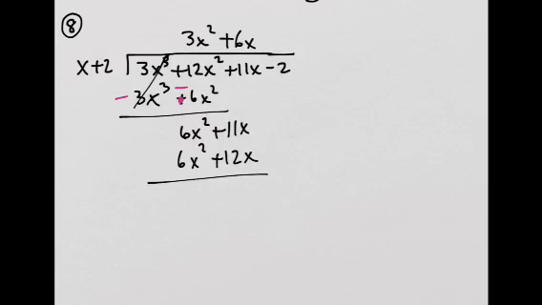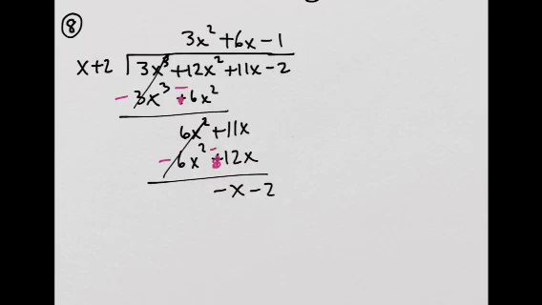So now we subtract by adding the opposite. And so that gives 0 here. 11 minus 12x is negative x. Bring down the minus 2. And then you ask yourself, x times what gives you negative x? Well, that would be negative 1.